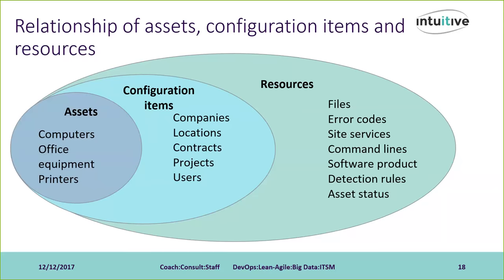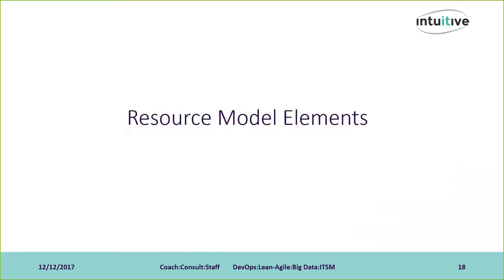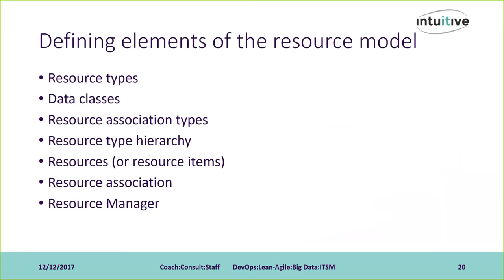Okay, let's look at the different elements which make up the CMDB resource model. The resource model is a logical framework for organizing and storing resources and their attributes, and also their associations to other resources in the CMDB.